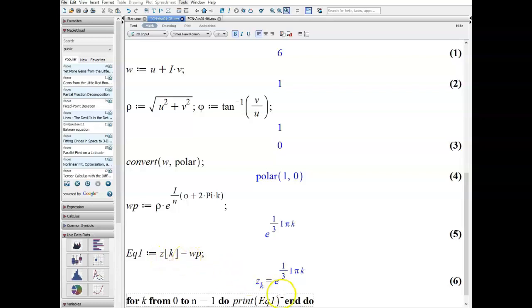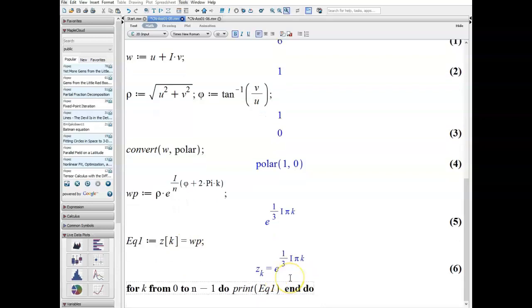So here the formula is z_k equal to e to the power i times pi k upon 3. This can be generated using a loop for k from 0 to n minus 1.